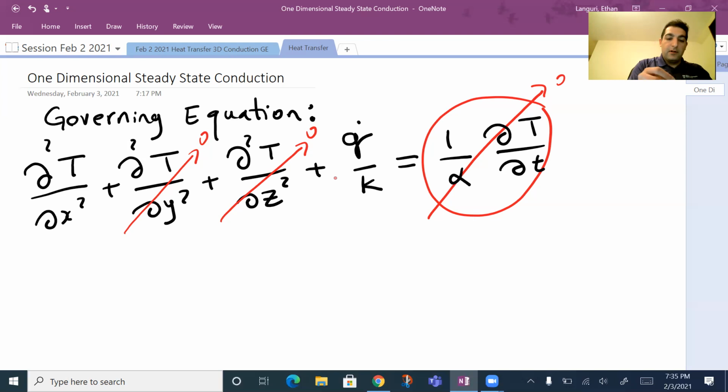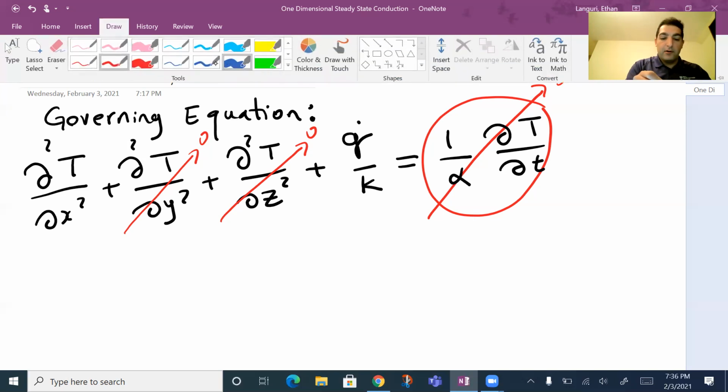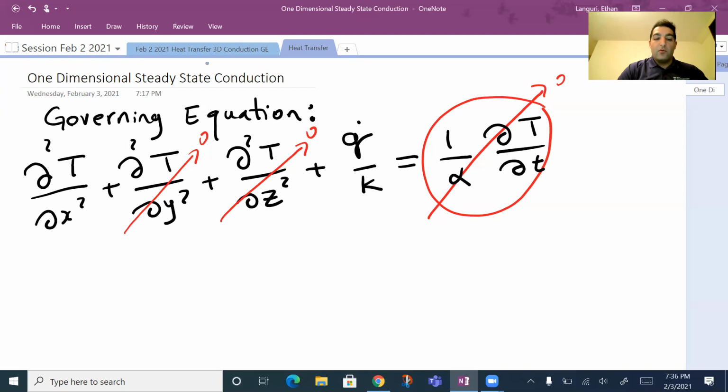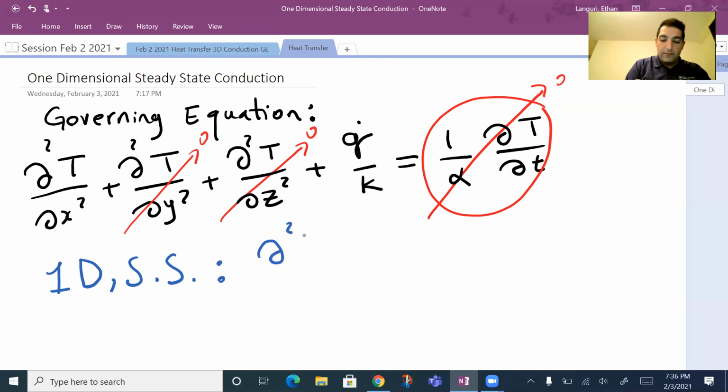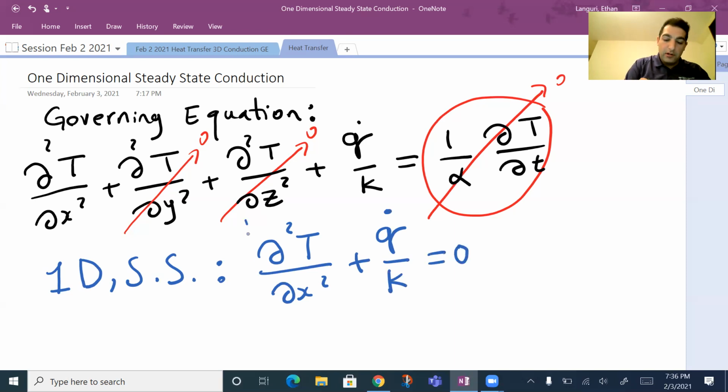So if we simplify the governing equation for 1D and steady state, our governing equation becomes the second derivative of T with respect to x plus q dot over k equal to 0. This is our governing equation.